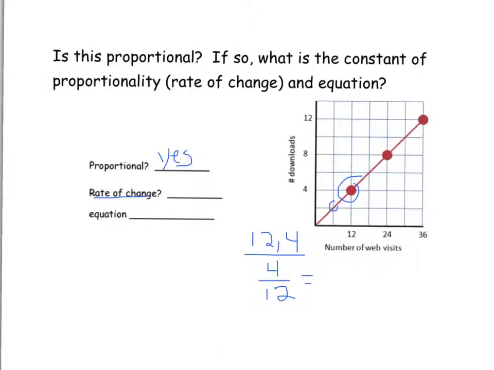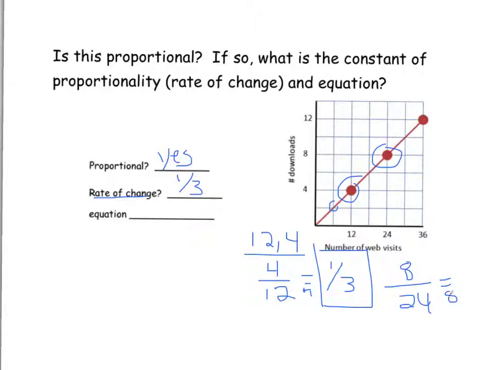This turns out to be a fraction, 1/3, because I can divide both by 4. So my rate of change is 1/3. And I can check another one, this one. There are 8 downloads for 24 visits, and I can divide both by 8 to get 1/3. So that is our rate of change.